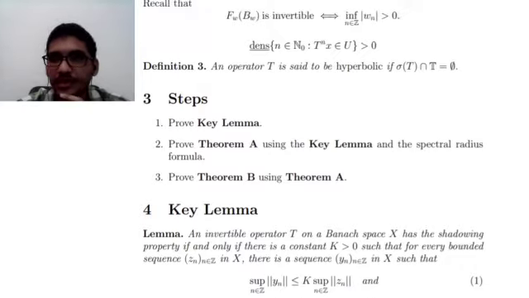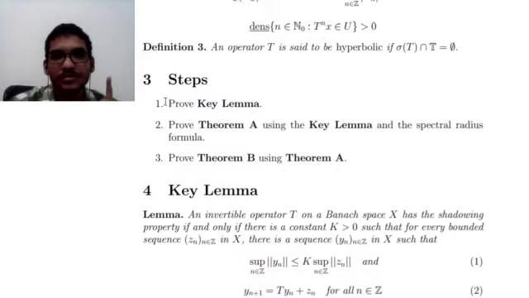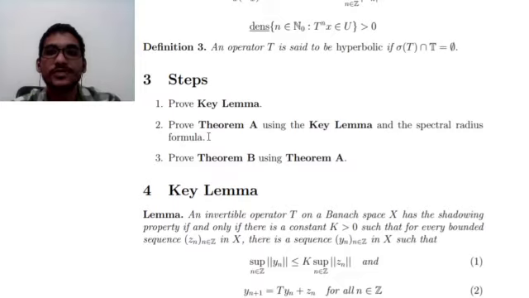Now the steps that we are going to take in order to conclude the seminar will be: the first one, prove the key lemma. I will say what the key lemma is.